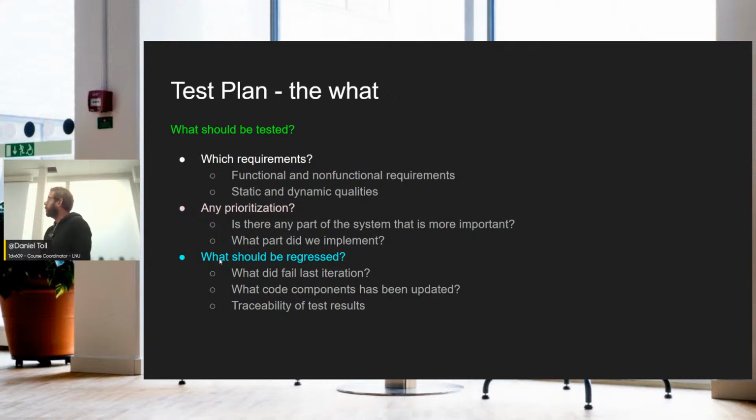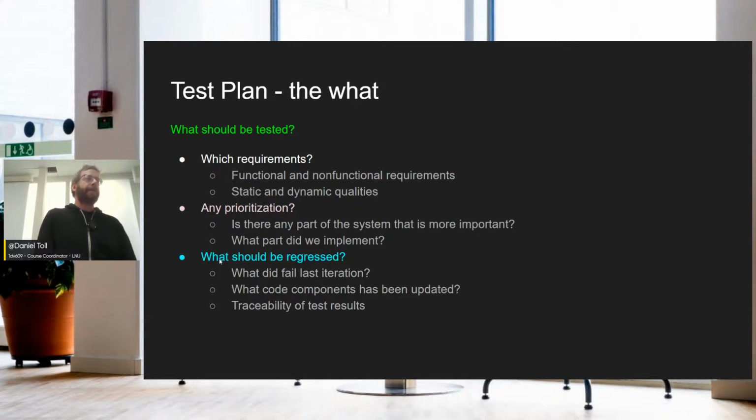We need to think about, okay, what should be tested? So we can focus on different requirements, for instance, or different qualities or the non-functional requirements. We can prioritize if there's any part of the system that is more important. Usually, of course, we're going to test the thing that we're developing right now.